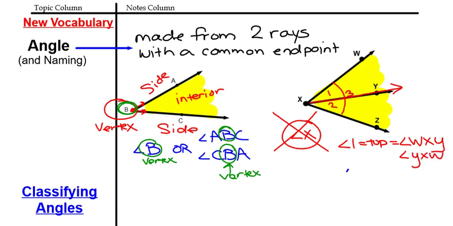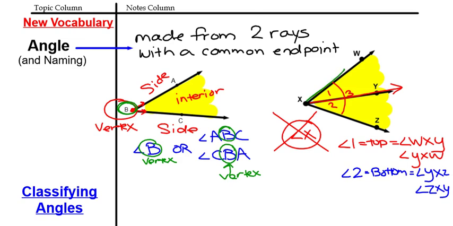If you wanted to name angle 2, the one on the bottom, you would call that angle YXZ or angle ZXY.